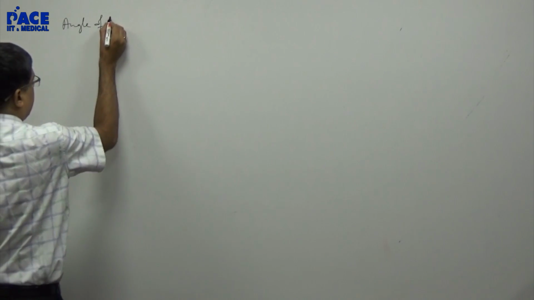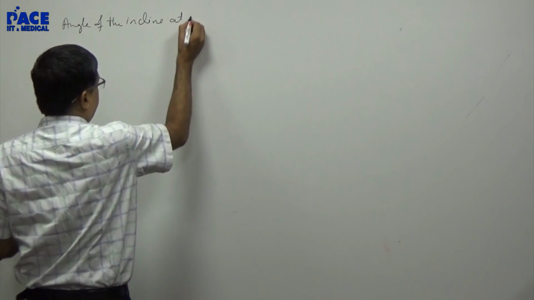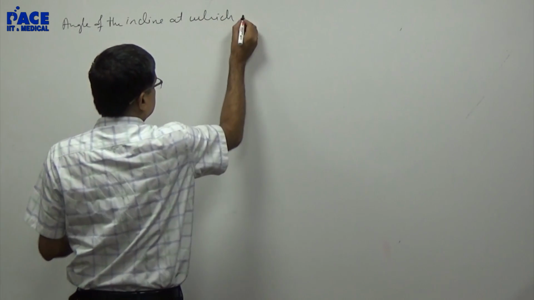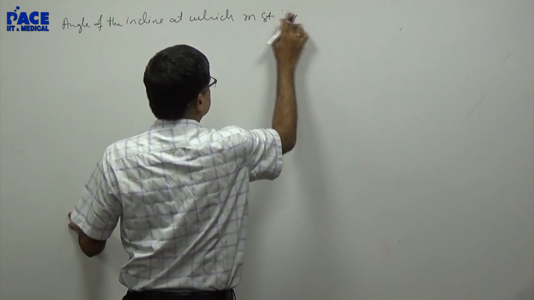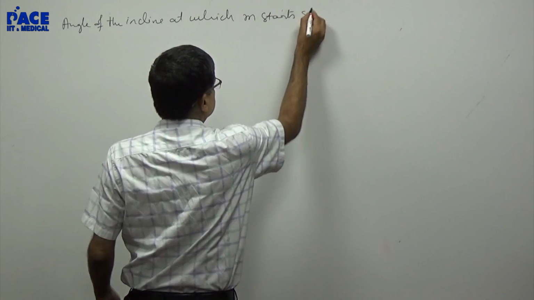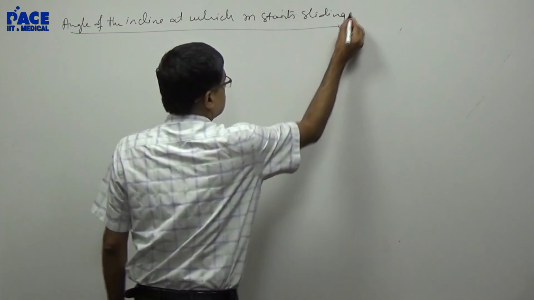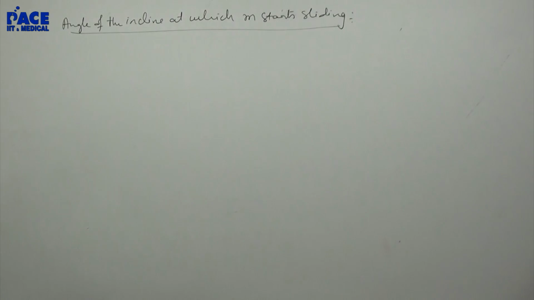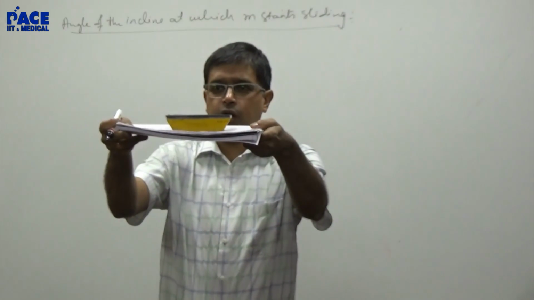Angle of the incline at which small m starts sliding, obviously sliding down. Suppose I keep a block this way and I keep the duster on it.